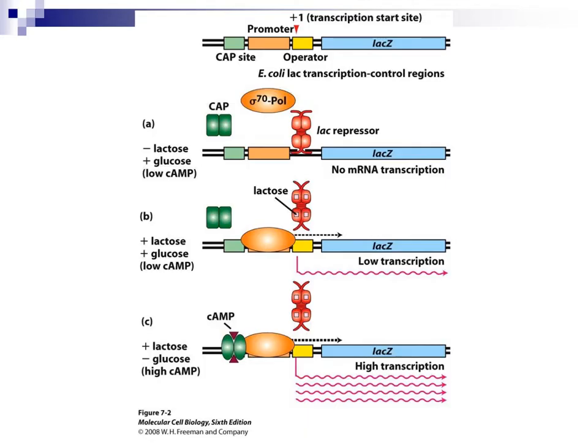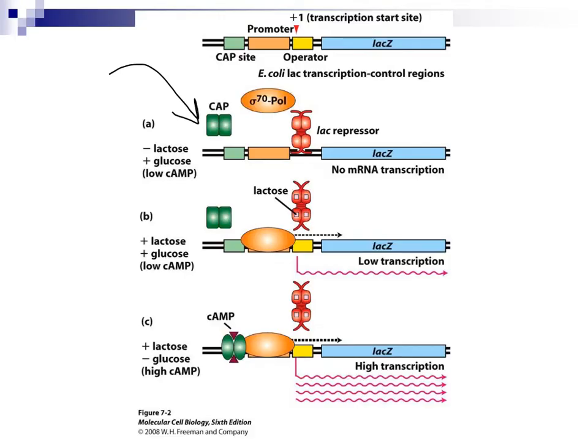This is a little bit of a complicated figure, but if you take it into pieces, it will simplify itself a little bit. We have 2 different things here. First of all, represented in green is the CAP. This is the activator molecule. This is only going to become activated when glucose levels are low.